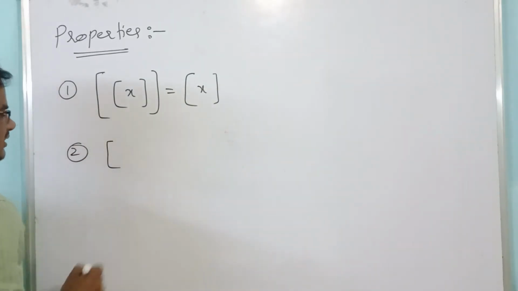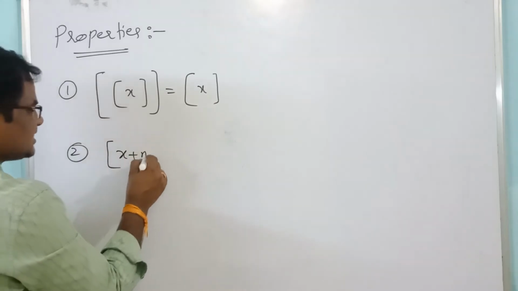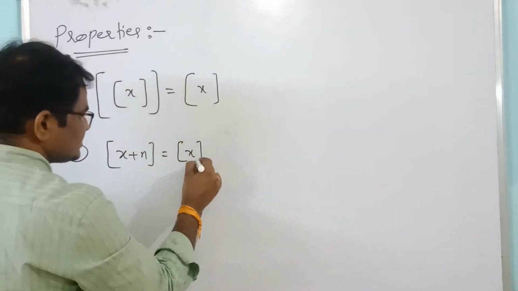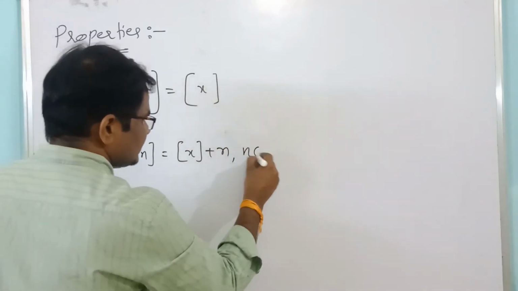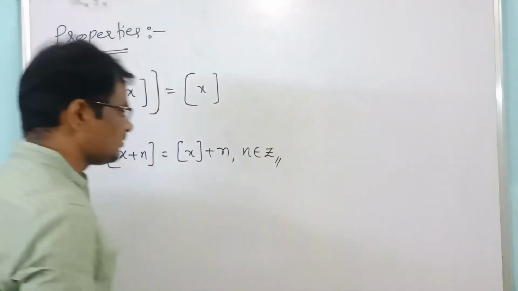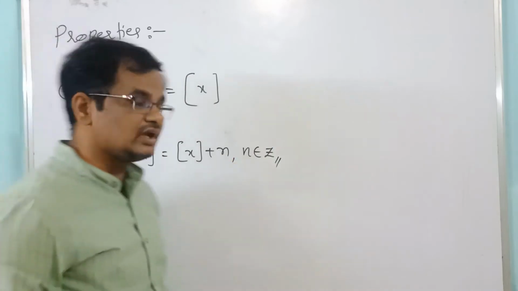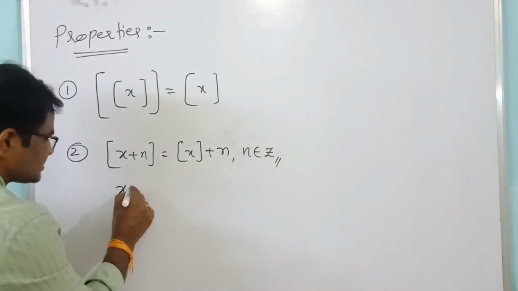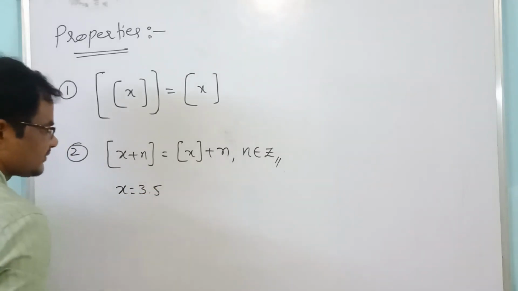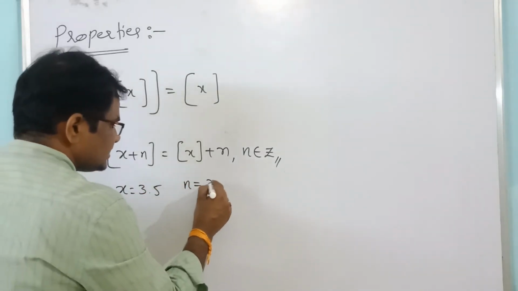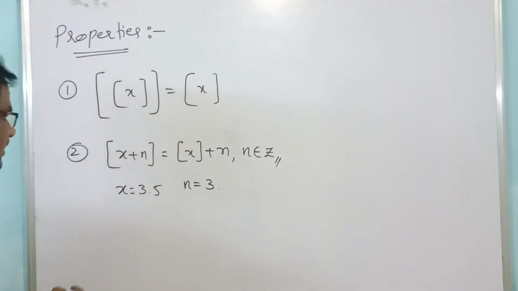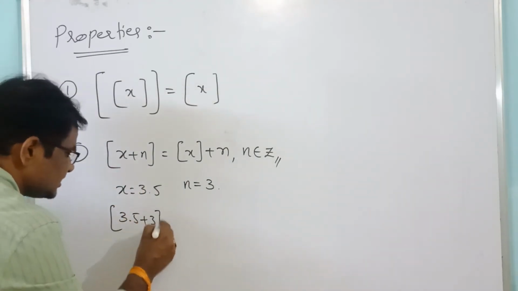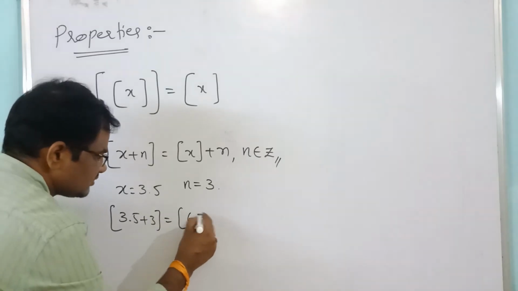Next, the second one. This is an important one. The greatest integer of x plus n equal to the greatest integer of x plus n, where n belongs to integer. Among all these, this is one of the important ones. Take x equal to 3.5 and n any integer, say 3. Now 3.5 plus 3 equal to 6.5.